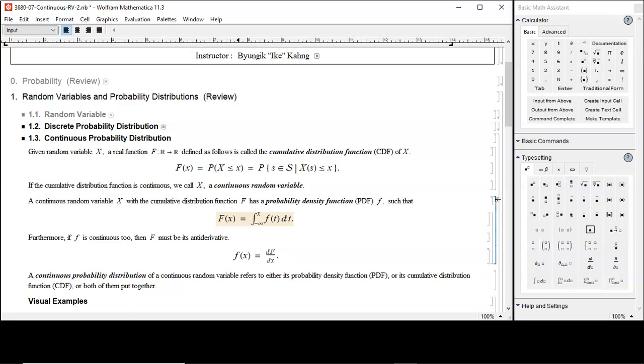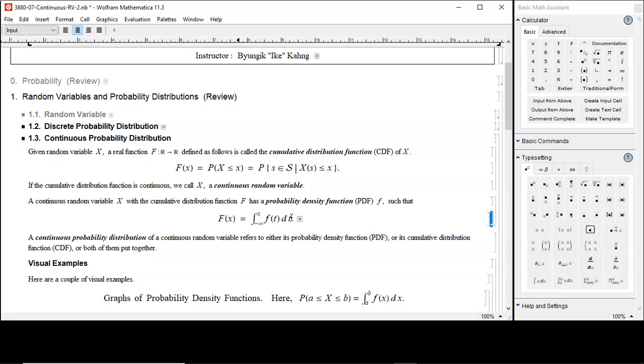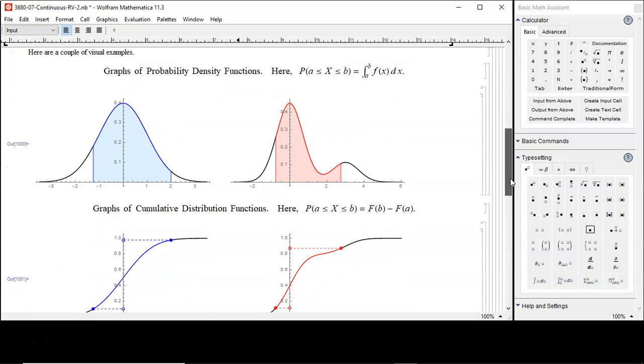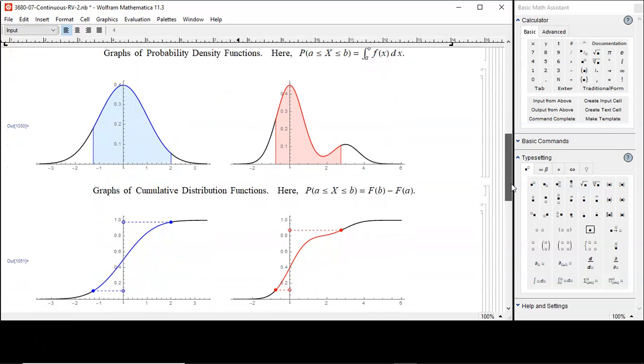Interestingly, this holds not only when capital F is differentiable, but even if it's just continuously increasing as well. But that's a bit too deep, so let's stick to a simpler case where capital F is differentiable and small f is continuous, in which case we get this kind of visual examples.